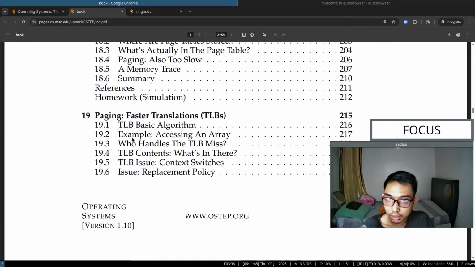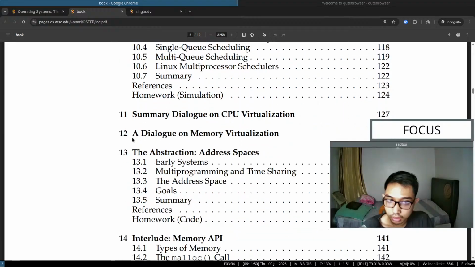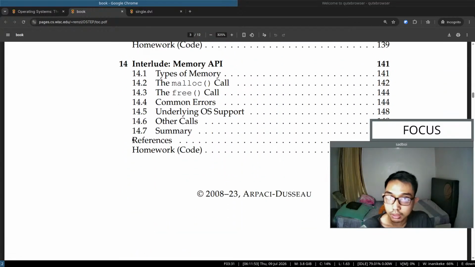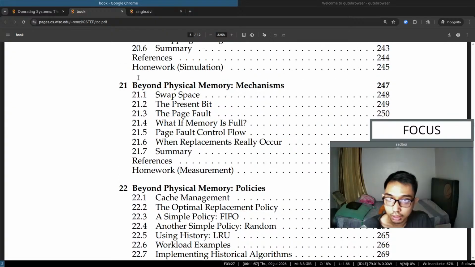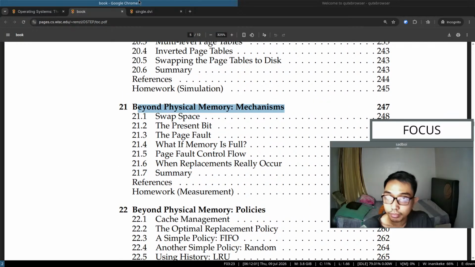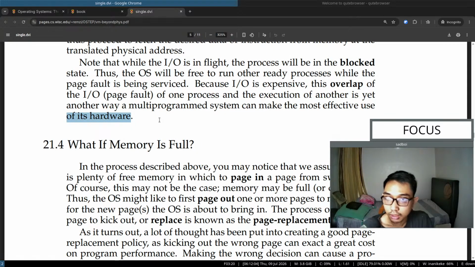So there is that, but other than that, I think I've read all the chapters until chapter 21 at least.